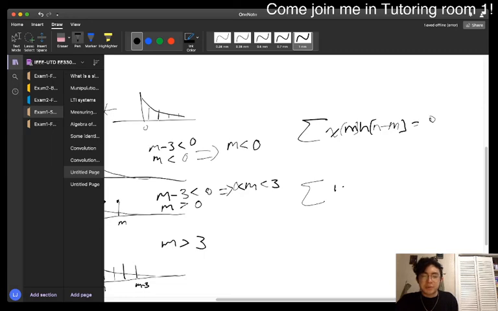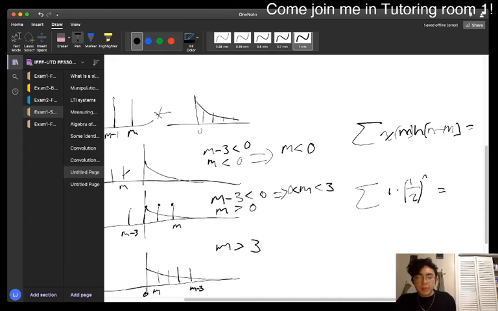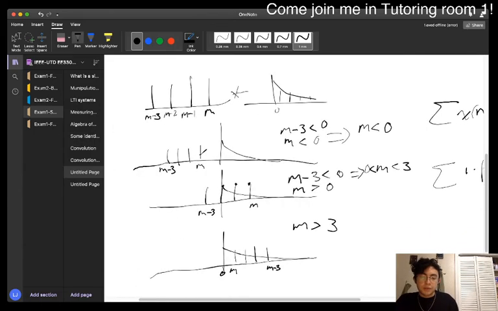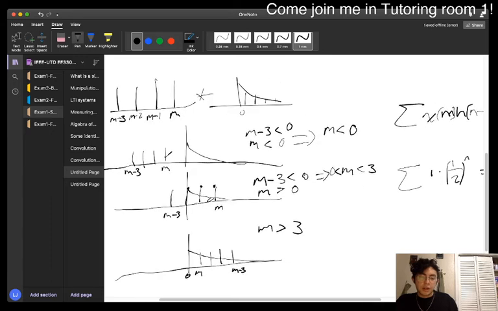So that's why we got a box here. 1/2 n is equal to, so from where is there overlap? So from m to 0, because there's only overlap here and not over here.